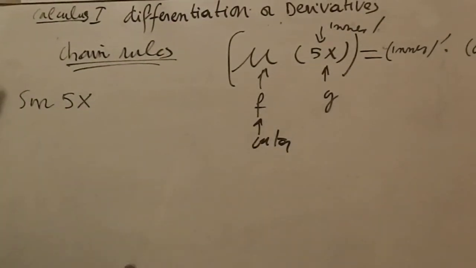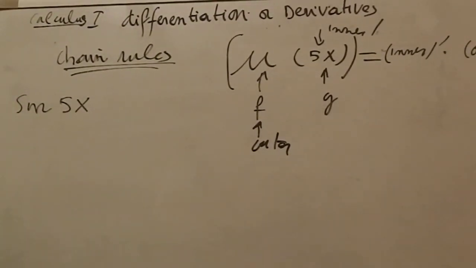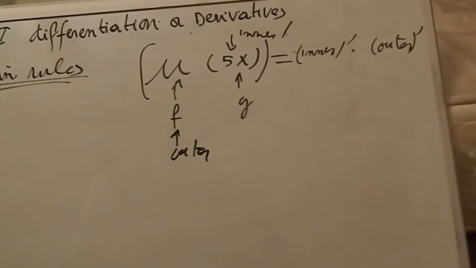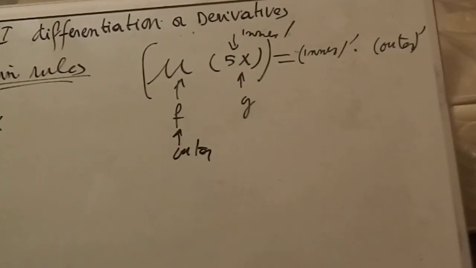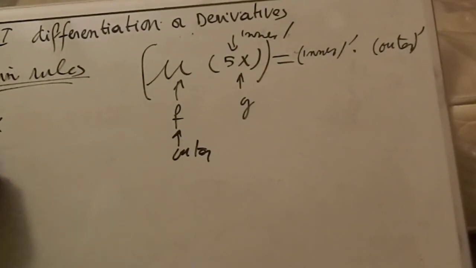As you can see, I take the derivation of the inner times the derivation of the outer. Let me illustrate what I'm trying to say here.